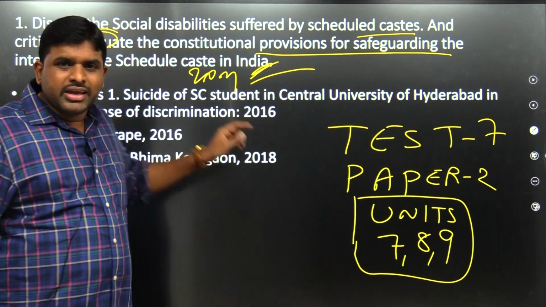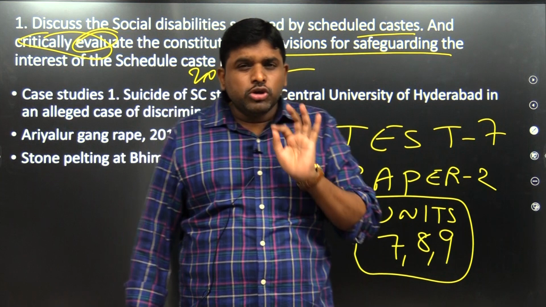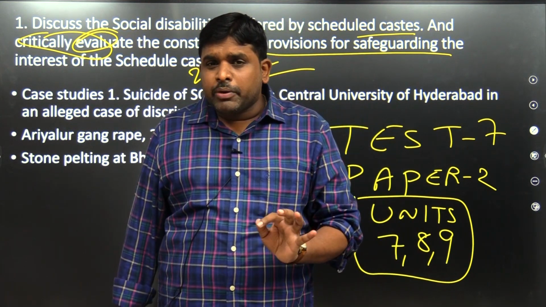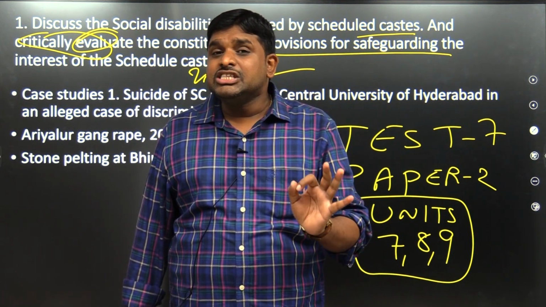But the question is to critically evaluate. So you have to mention that the constitutional provisions are sufficient up to some extent, but they are insufficient. Why?